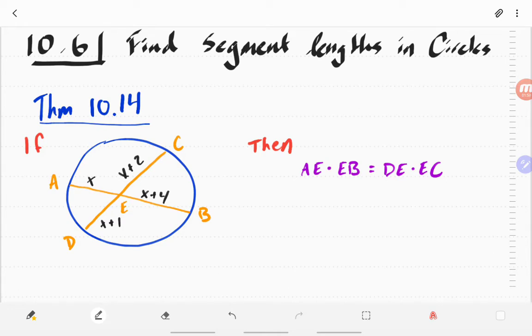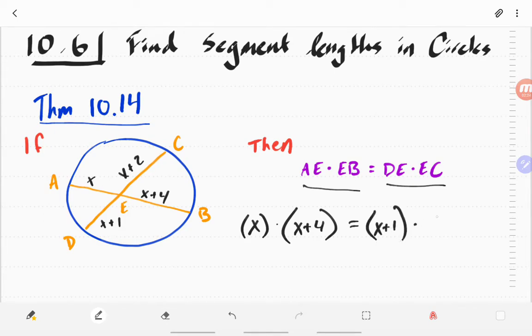So what we'll do is we will take the segments of these chords and set up this product. I'm going to take AE and multiply that by EB. And I know that that is going to be equal to DE, which is X plus 1, times EC, which is X plus 2.